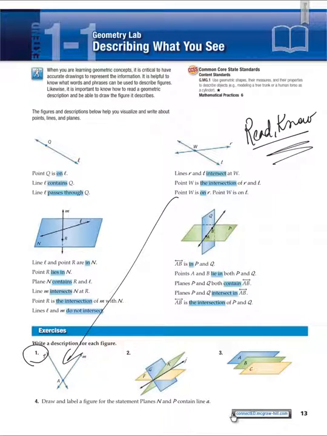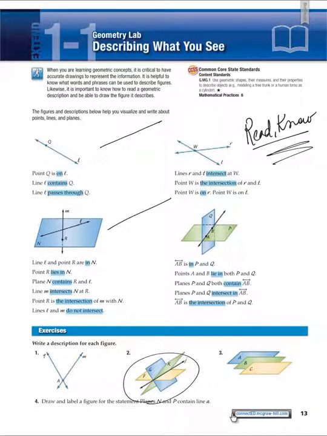I want to draw number 2 for you because I think you'll be interested to see me draw it a different way, perhaps. When I draw planes intersecting like this, again, I showed you earlier 2 intersecting. I'm going to do the same thing with 3 intersecting. So I'm going to make a line.